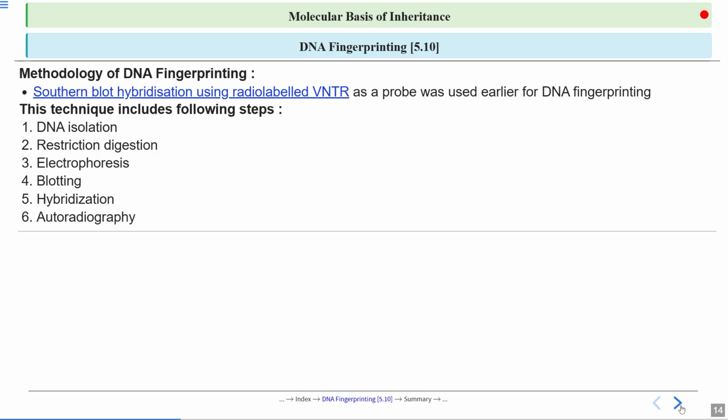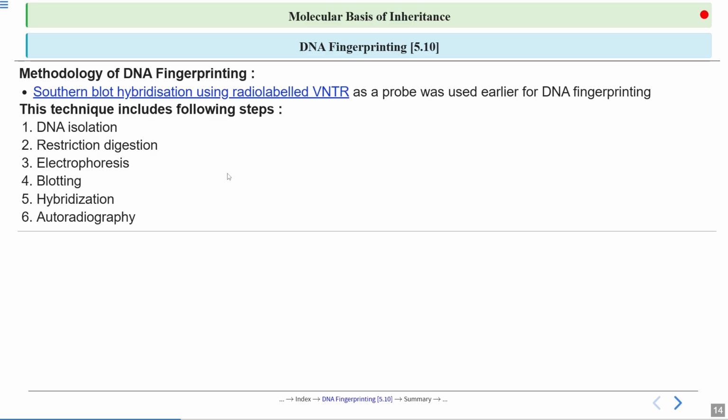Before that, I want to tell you what we have seen here. Southern blot hybridization using radio-labeled VNTR as a probe was used earlier for DNA fingerprinting. What does this mean? First of all, you have to understand what Southern blotting is. It is a molecular biology technique used to identify a specific DNA sequence within a DNA sample.